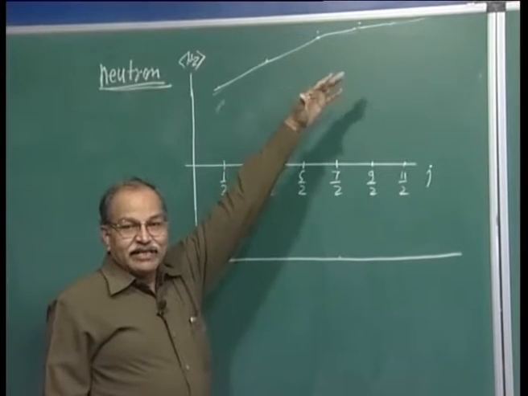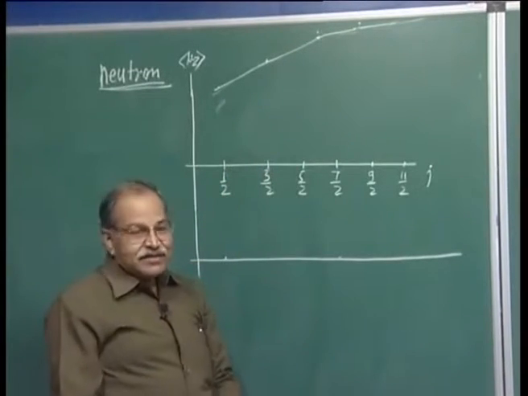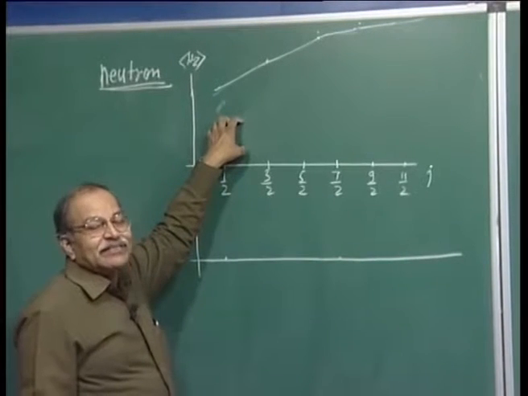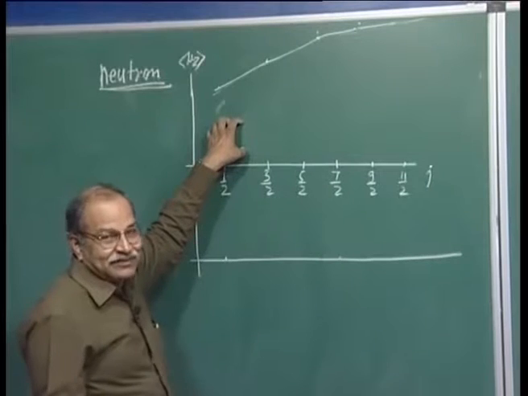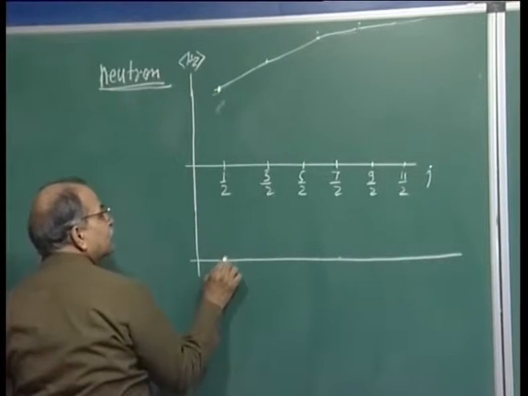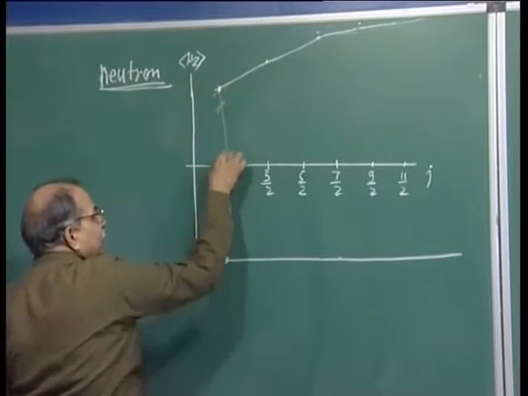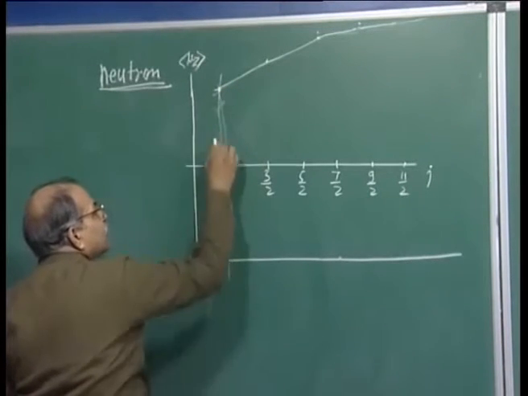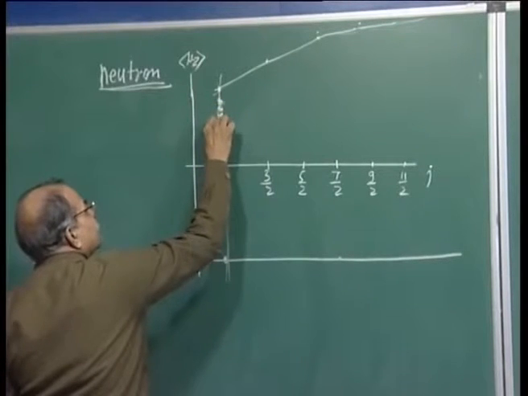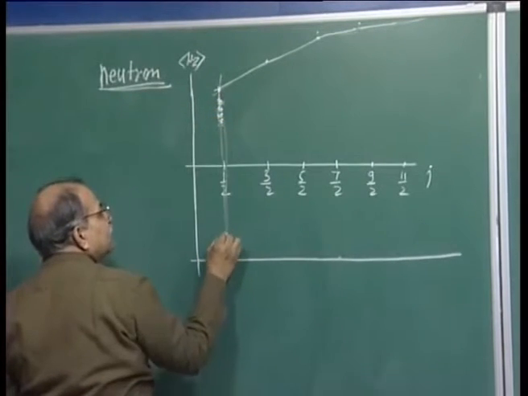Now, when we collect the experimental data and plot here, what we find is there is a good spread. The measured values are less than this and more than this. So, it is in between. For J equal to 1/2, for example, many of the particles have magnetic moments somewhere here, and many have moments somewhere here.